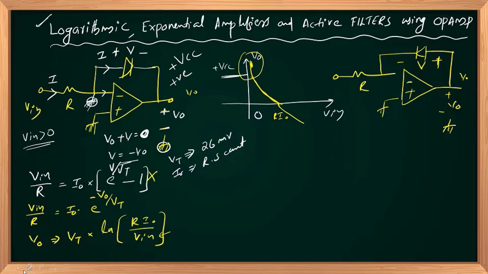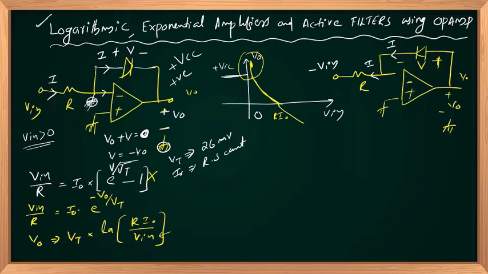So to have a current through the diode in this direction, both are the same. If the diode is on, there exists a current. To ensure the current in this direction, I am marking it as minus V in.